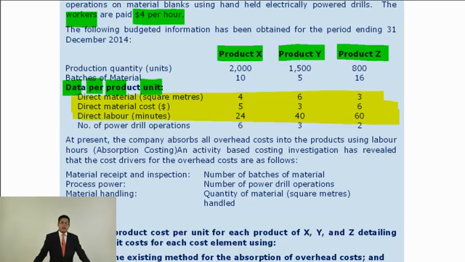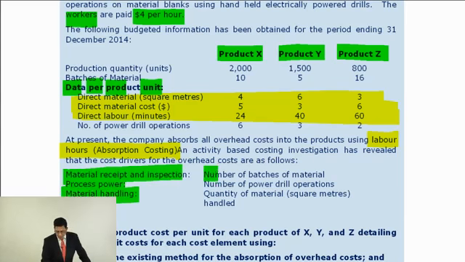Okay, right. At present, the company absorbs all overhead costs into the products using labor hours absorption costing. So this is their current system of costing. An activity-based costing investigation has revealed that the cost drivers for the overhead costs are as follows. So now we are given for each overhead activity their own selected cost drivers.